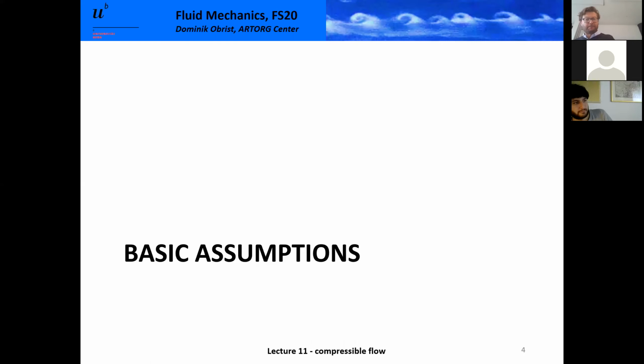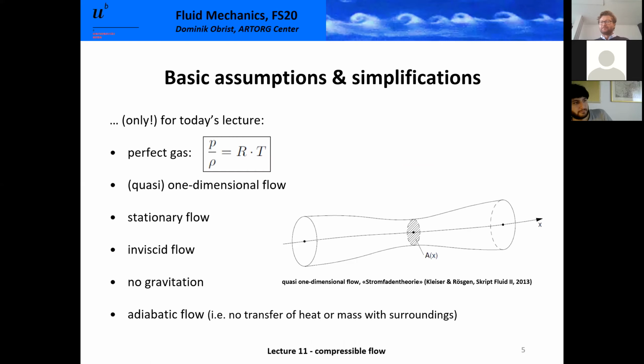Let us start with basic assumptions. What are the basic assumptions for today, only for today? We're going to assume that we always deal with a perfect gas. A perfect gas is a gas which is described by this equation: P, pressure, divided by density rho, equals R times T. R is a specific gas constant.